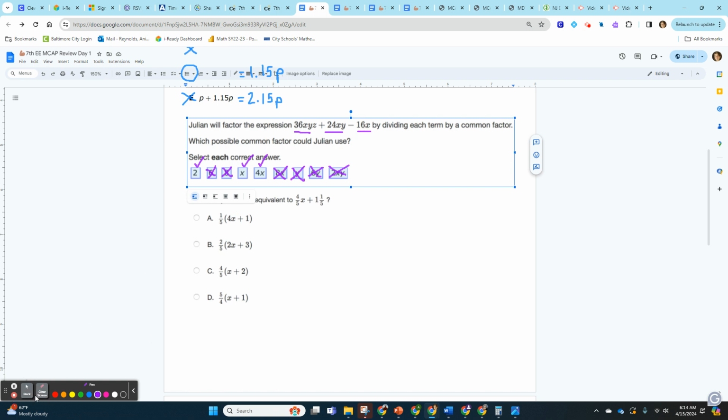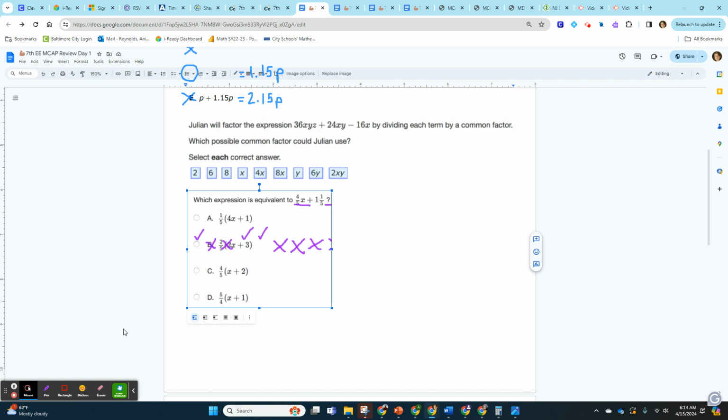Now down here, in this next type of problem, when you have an expression and then they give you these options, a lot of the time it's just going to be easiest to simplify these to figure out which answer matches what you have. So you're going to want to just multiply what's outside by what's inside.